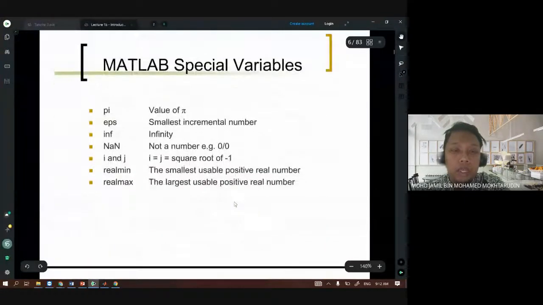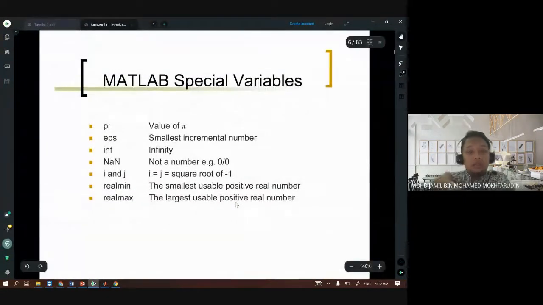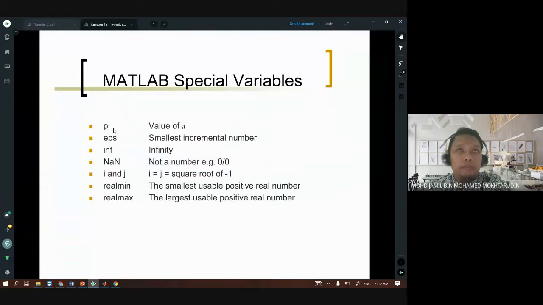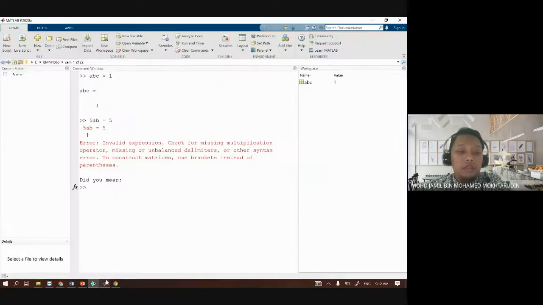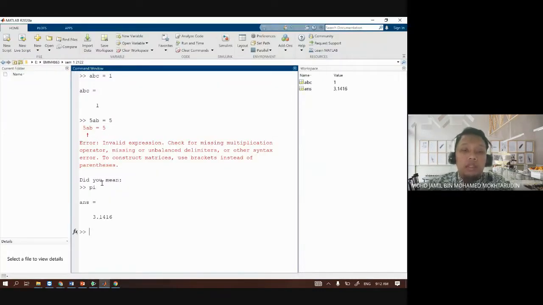In MATLAB also there is a special variable. If you want to use pi, dalam calculator we can just press shift and then nama berapa dapat pi. So in MATLAB you just write pi, enter, you get pi 3.1416.